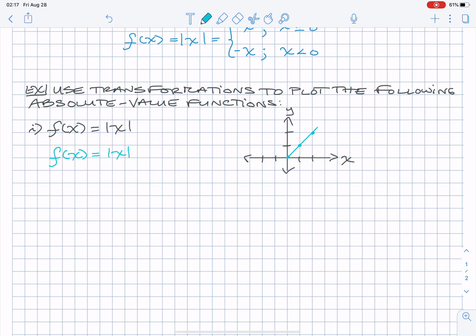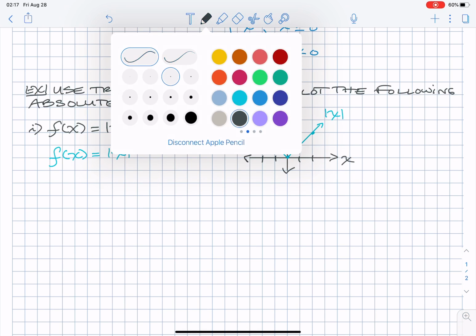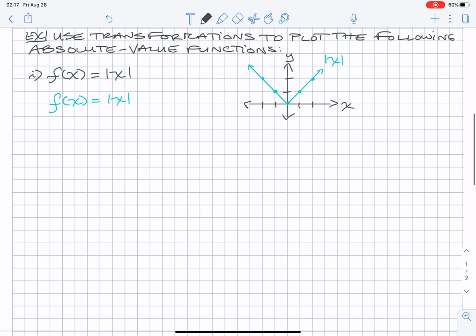So to the right, I go up at a slope of 1. To the left, the absolute value of negative 1 is positive 1. The absolute value of negative 2 is positive 2. So I have this V-shaped graph for my absolute value. So this is the absolute value of x, which hopefully we know really well by now.